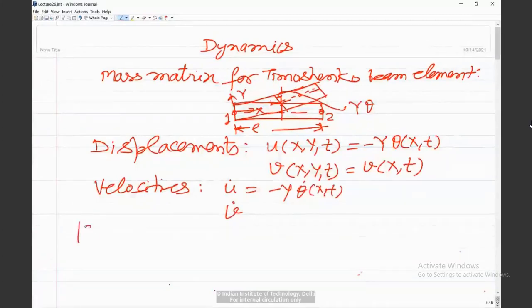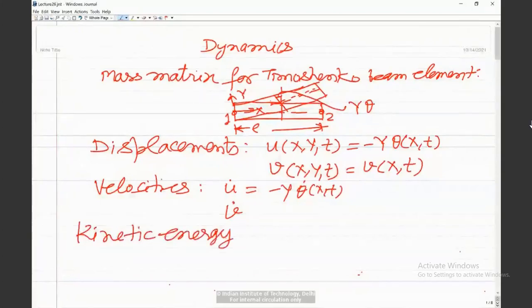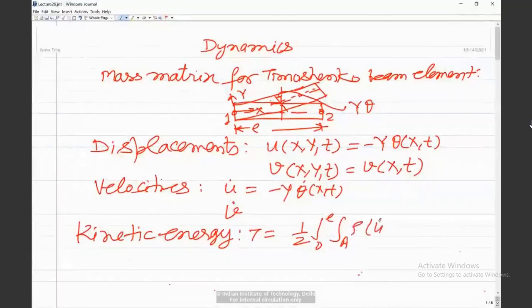So if you look at the kinetic energy, T is half of the integration along length, integration over the cross-sectional area of the element, into rho, and then we have u dot square plus v dot square dA dx.